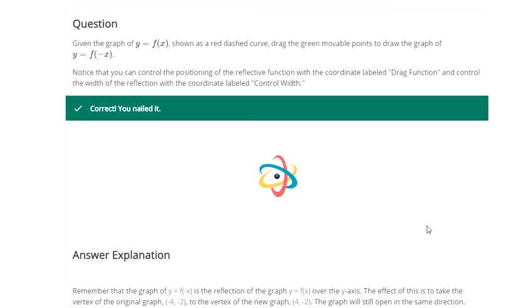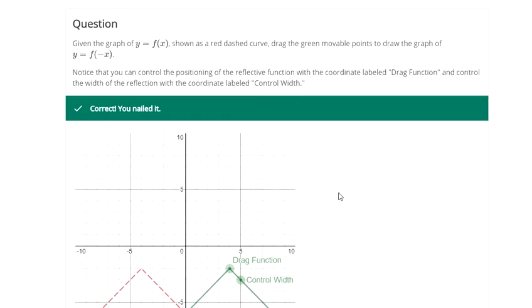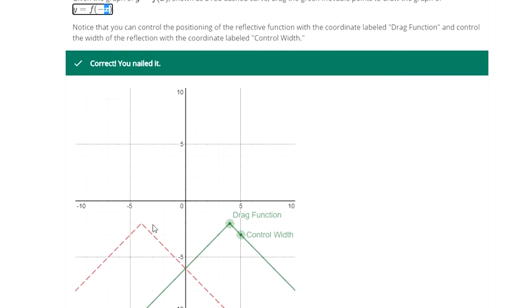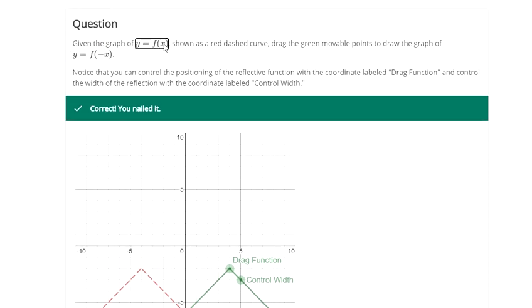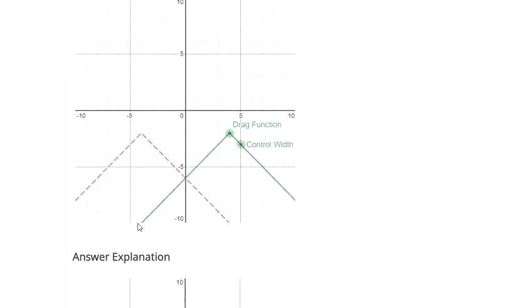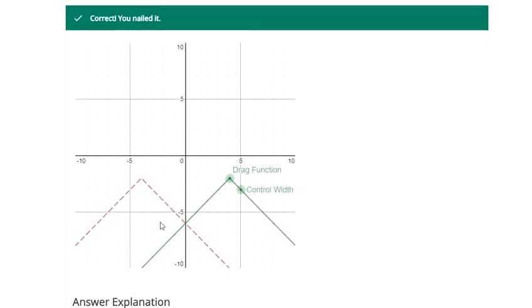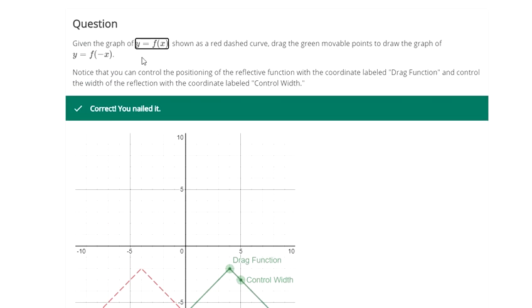So what happens is that if you multiply the argument by a negative sign, so if you multiply the domain variable, if you multiply x by negative 1, then it's reflecting it across the y-axis. Okay. If you multiply f of x, the outside, if you put a negative sign up here, then it's reflecting across the x-axis. So a negative sign next to x reflects it about the y-axis. A negative sign on the outside reflects it about the x-axis.